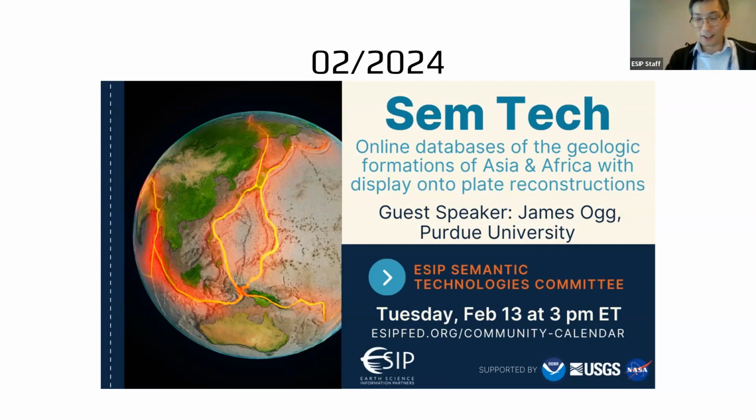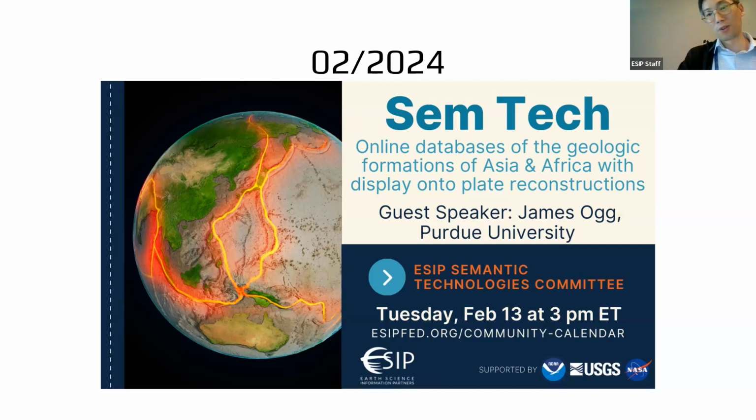And then the next one is more related to solid earth science. It's from Professor James Ock from Purdue University. He and his colleagues built what I would call a controlled vocabulary, but it's huge, related to lithostratigraphy, because this is the most heterogeneous terminology, or maybe one of the most heterogeneous terminologies in the field of earth science, lithostratigraphy.